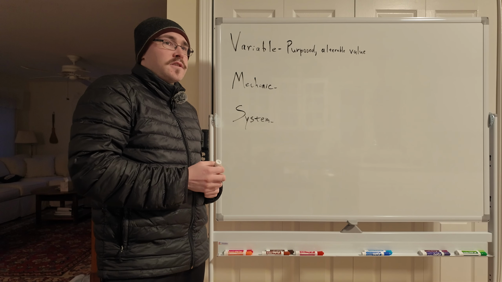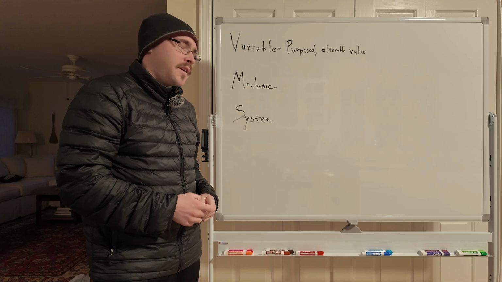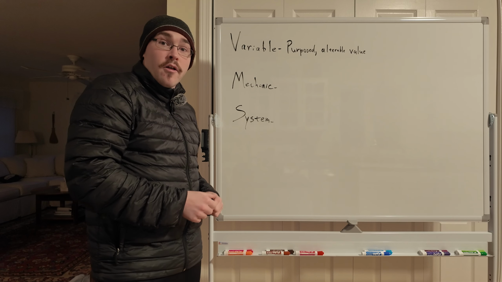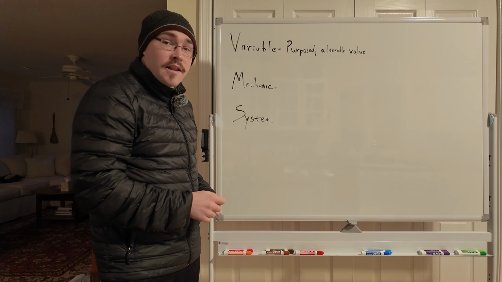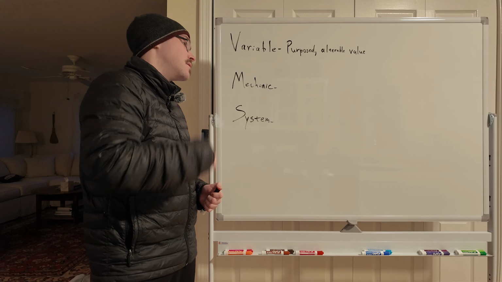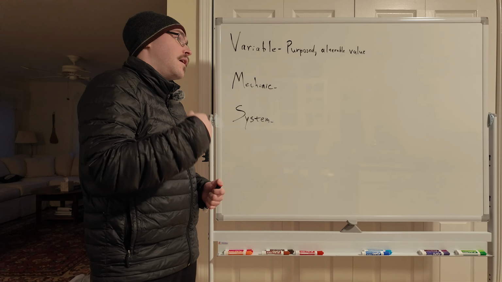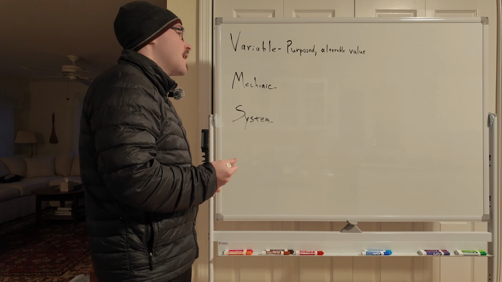Those would be, for example, if you're playing your typical role-playing game, your health is a variable, your strength is a variable, your intelligence is a variable, or if you're casting a spell, the damage it does, the cooldown, its mana cost, those are all variables.